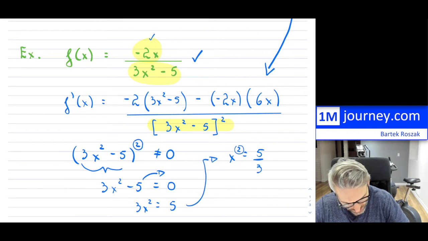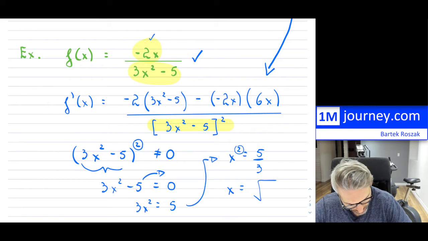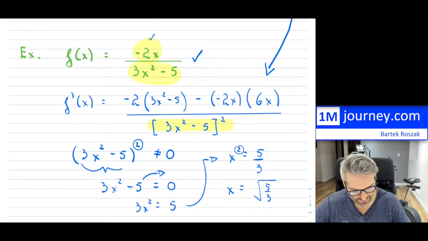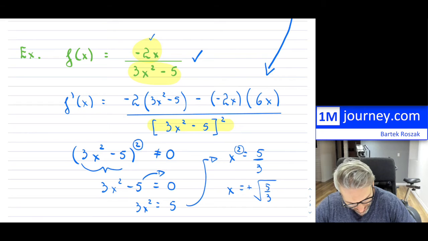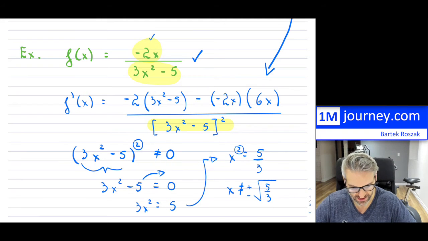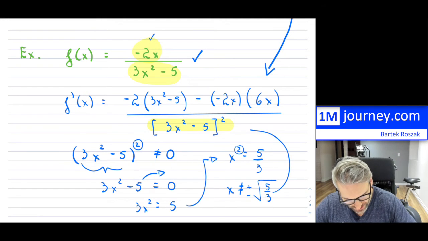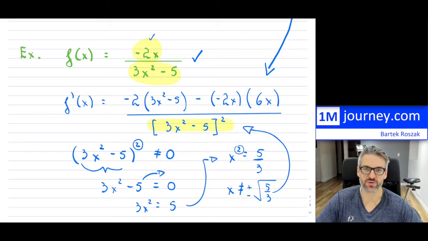Then I'll take the square root, so x is equal to the square root of 5 over 3, and this could be positive or negative. And x cannot be equal to that, because in those two instances I would have this equal to 0, and that's not what we want.